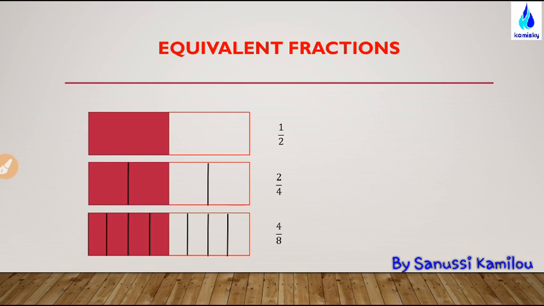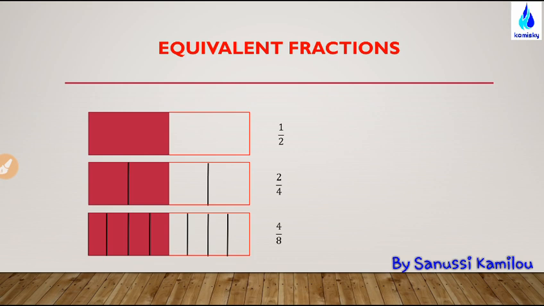But what I want you to observe right now is, look at the paper. We are using the same paper. We are using the same shaded portions, but we are getting different fractions. Are the fractions different or are they the same? Are they equal?